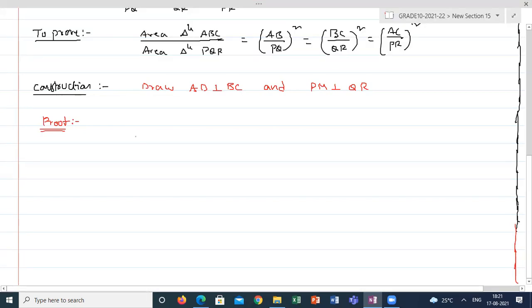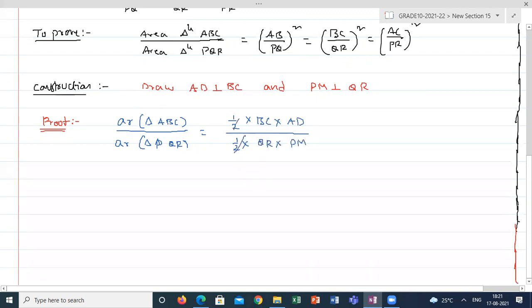I am taking the left hand side of the proof, that is area of triangle ABC divided by area of triangle PQR. This is a symbol; instead of writing area, always use this. With the help of half into base into height, half into the base of ABC, BC, into height AD, divided by half into QR into PM.